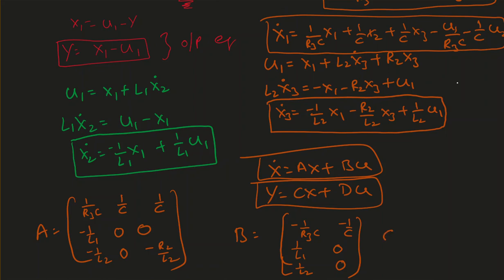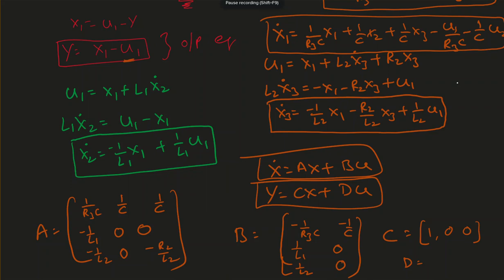And the C term comes from the output equation, so C equals 1 0 0, and for the D term, I have U1 here, so that's going to be minus 1.